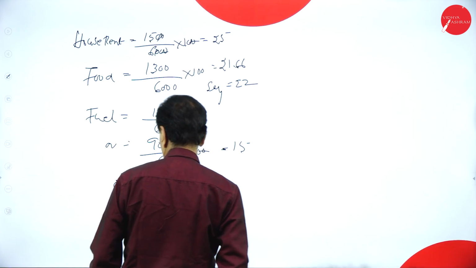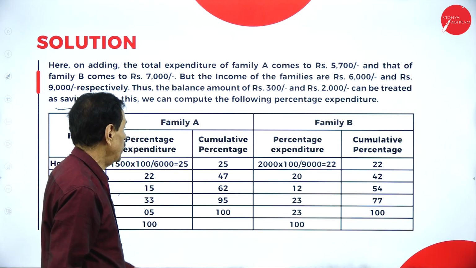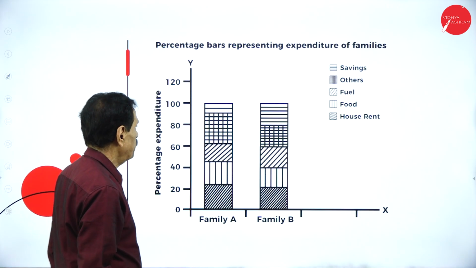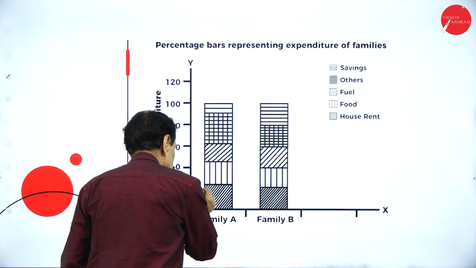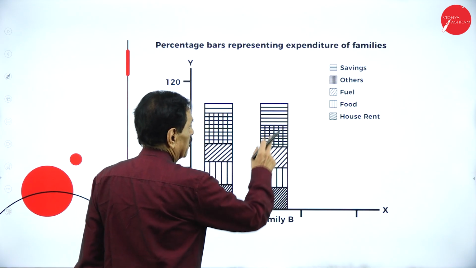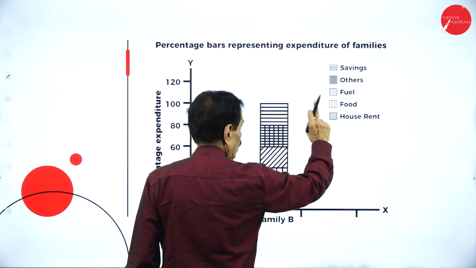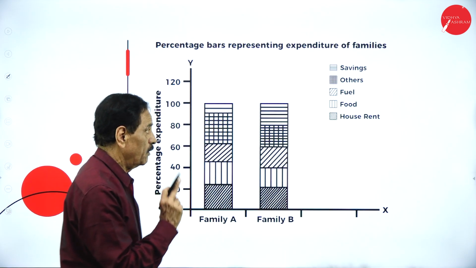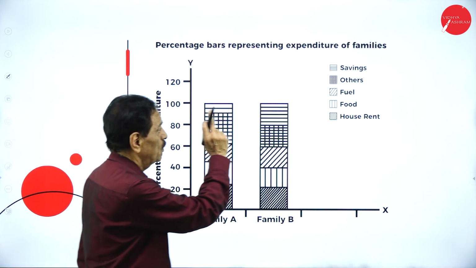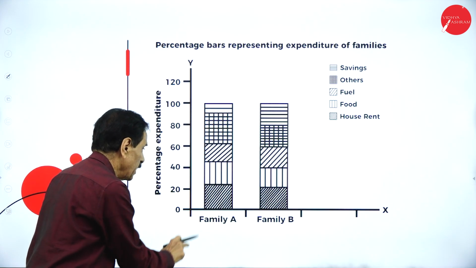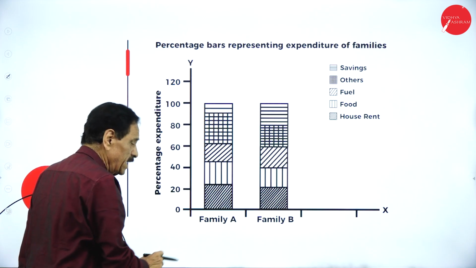Savings is 5. It works out to 100. So this is the representation. We are showing house rent, food, fuel, others and savings, so that it totals 100.